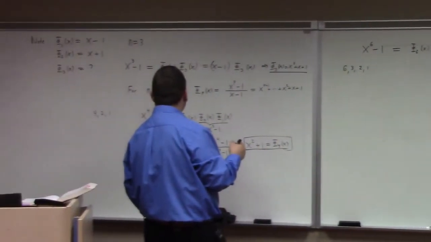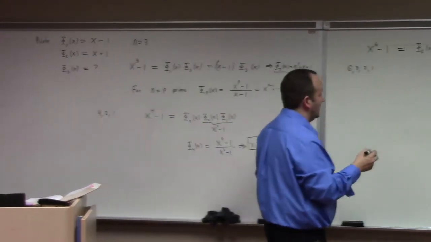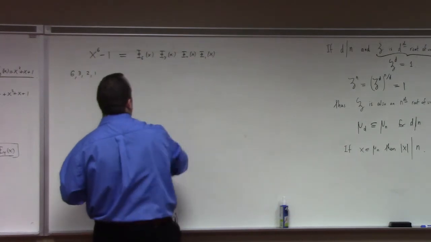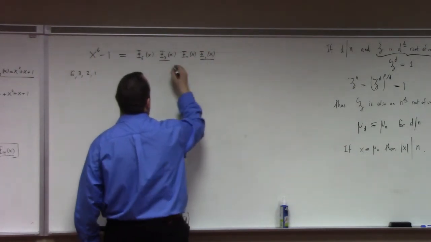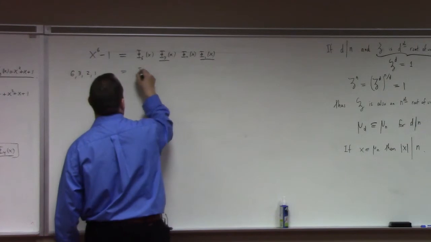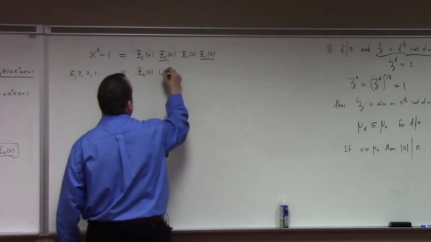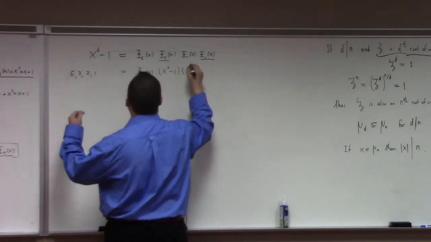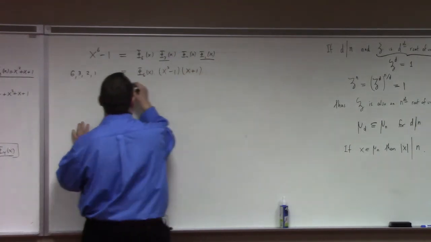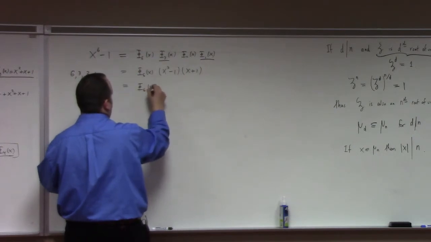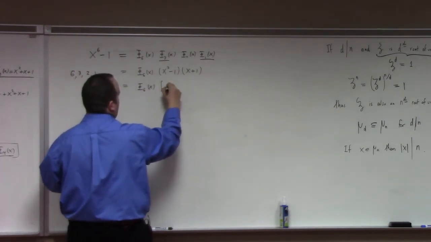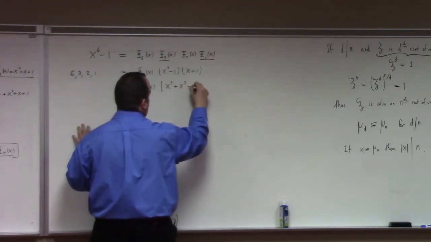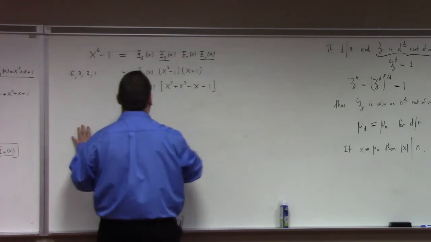So if you pull the x minus 1 from the x squared minus 1, that's easier. Thank you, that's a good idea. Take this and that and make it into x cubed minus 1. And then I've just got, what's my phi 2? X plus 1, right? So we're looking at x to the 4th plus x cubed minus x minus 1.